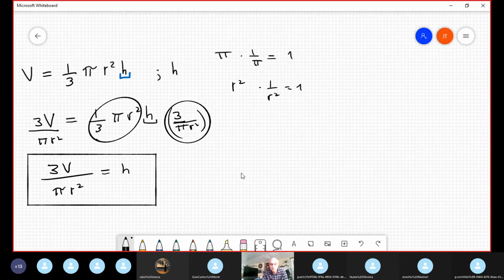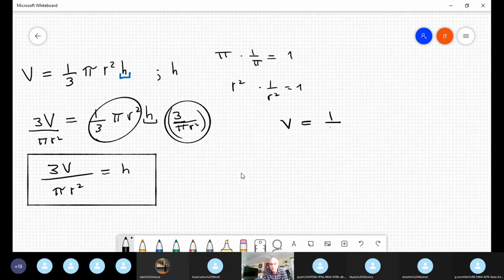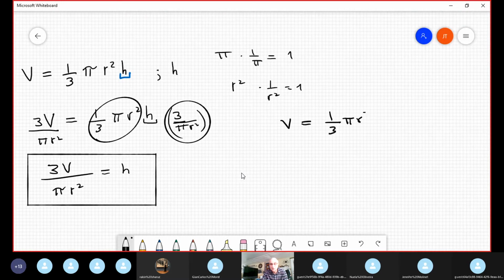Another way: volume is equal to 1/3 pi r squared h. Suppose I make a decision to eliminate this guy first. You multiply by 3 here and here. And we have 3V is equal to, yes, I know that 1/3 times 3 is 1, pi r squared h.